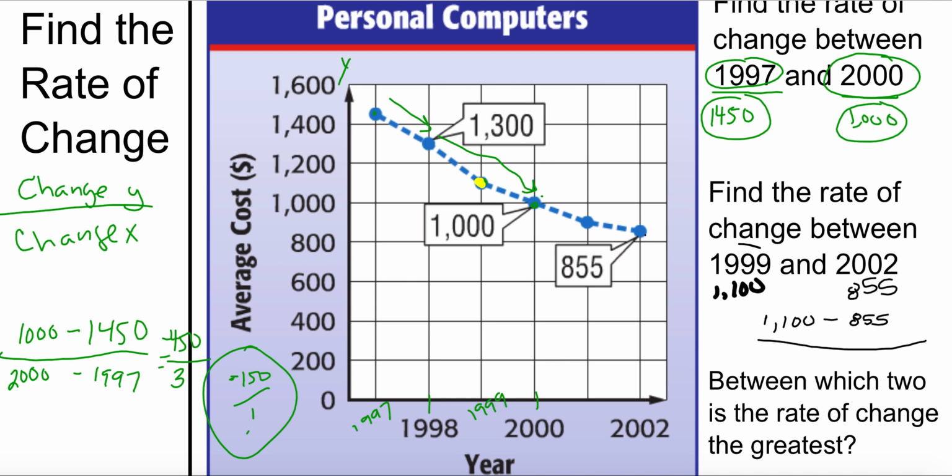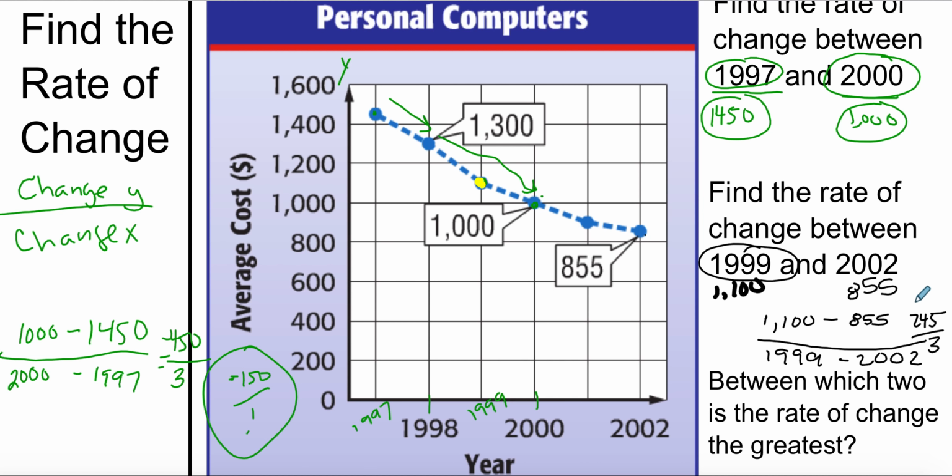But then I'd have to take 1999 first because that goes with the 1,100 and subtract 2002. So even though you thought you got away from the negatives, they snuck back up on you. So in this case, this answer is going to be on top 245, if I did my math correctly there. 245 all over 3.